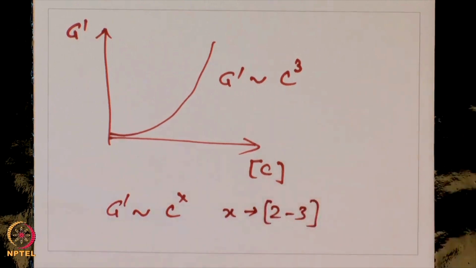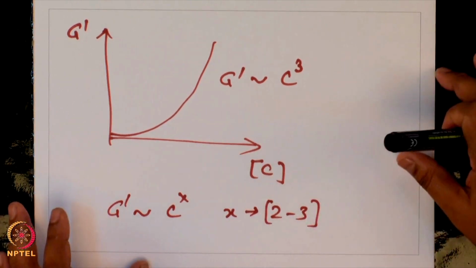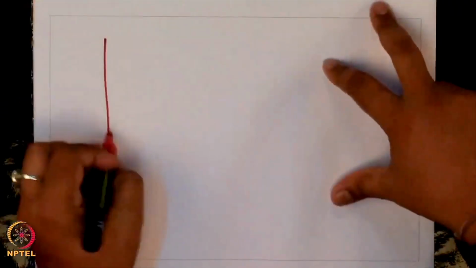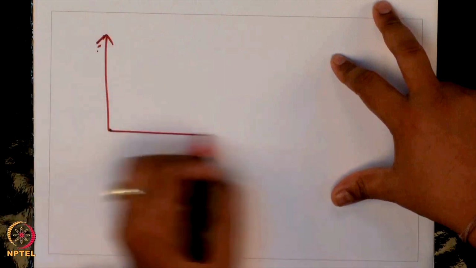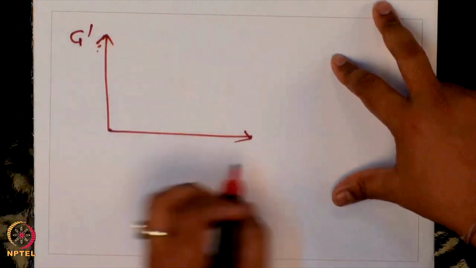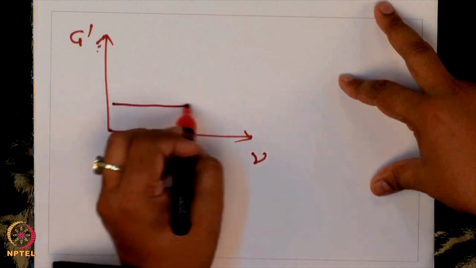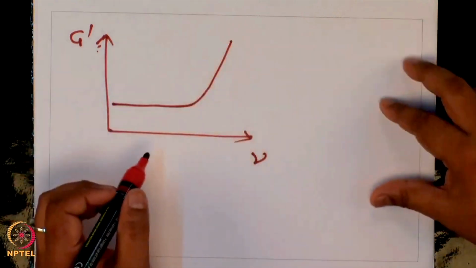Okay. So, you can also observe a strain stiffening behavior of non-cross-linked collagen networks, where G prime values changed. Okay. So, if I plot G prime as a function of strain, beyond a certain strain you have this increase.